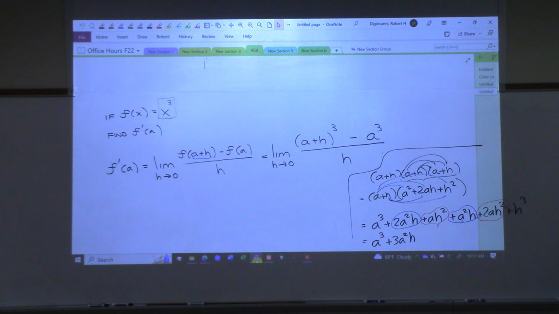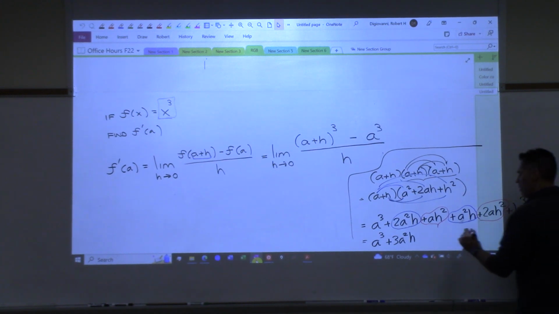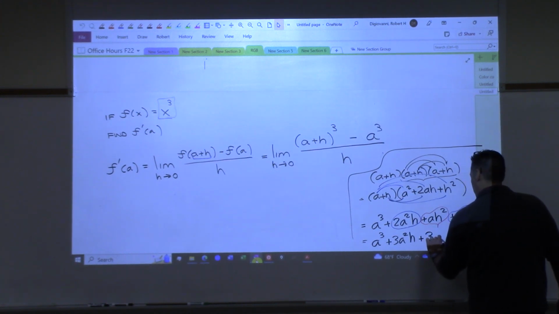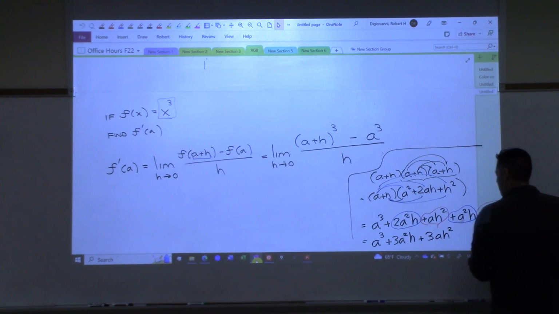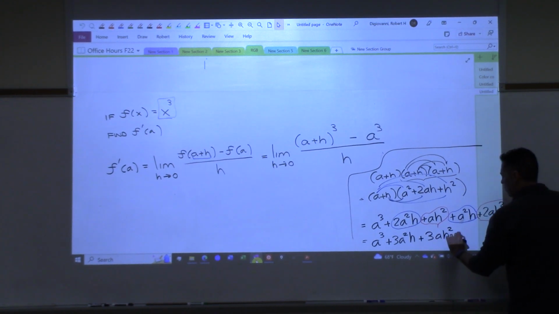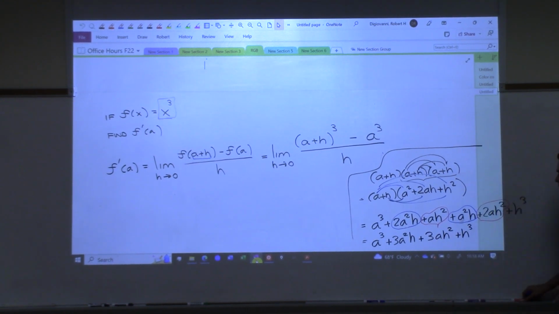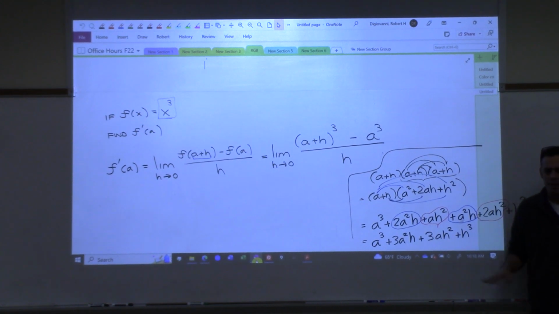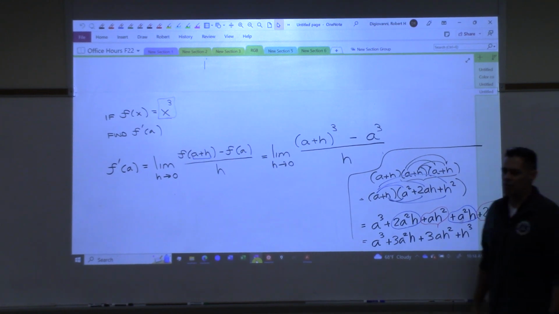So I have 3 of those. And then finally I have the h cubed at the end. That's the only reason this problem is a level 2 problem, is because you have to do this. The rest of this should just be super clean.